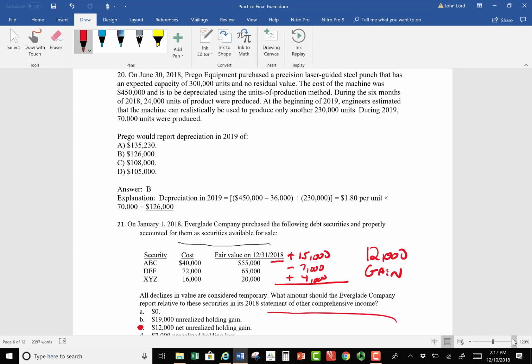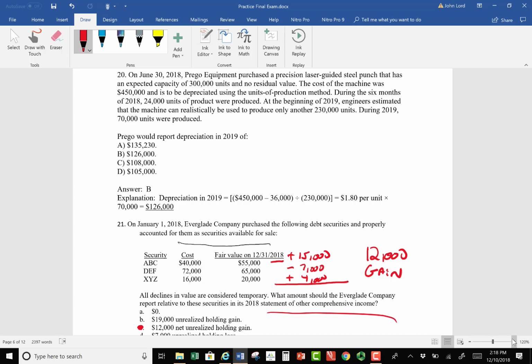Okay, all right, so let's go ahead and take a look at this now. That amount is going to be our other comprehensive income, the difference between fair value and cost, right? And so this one had a fair value over cost of 15. DEF dropped in value, didn't it?